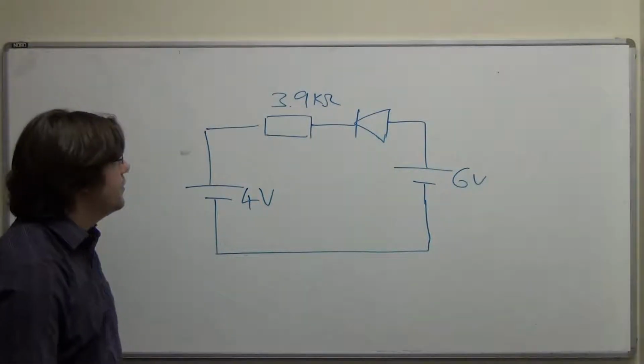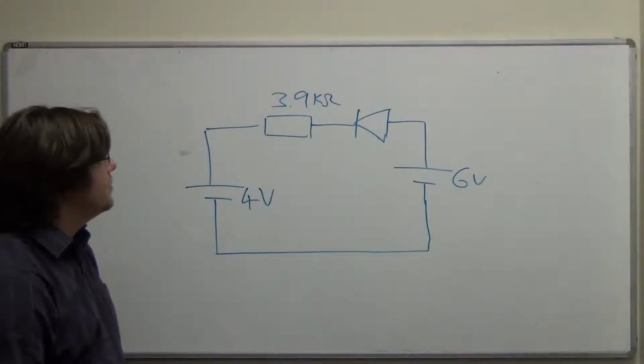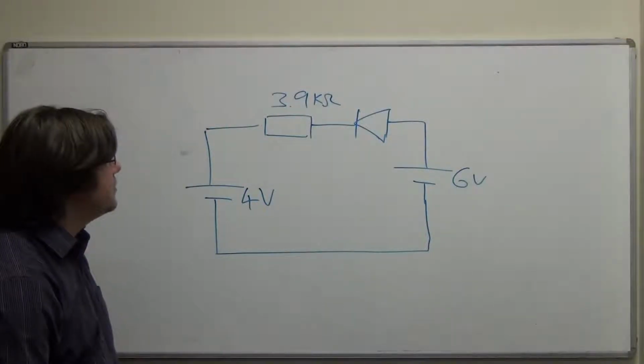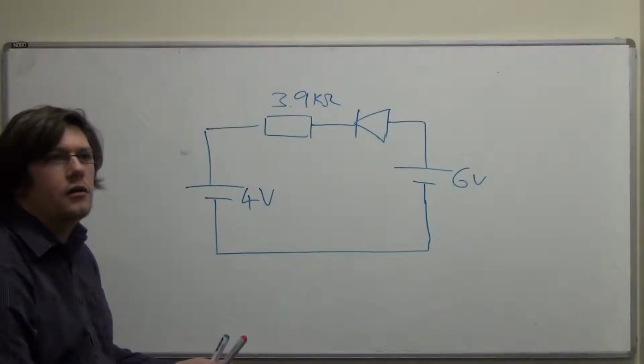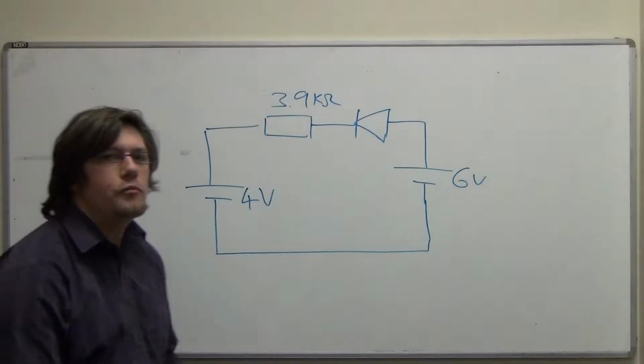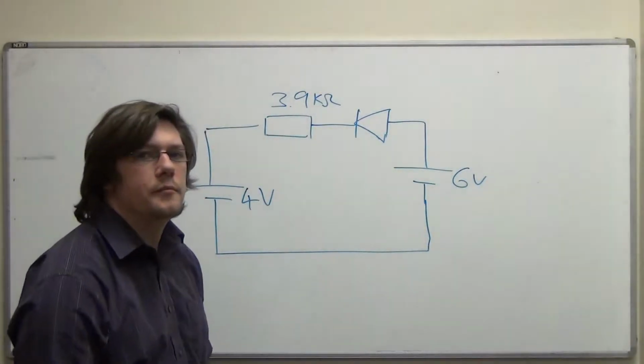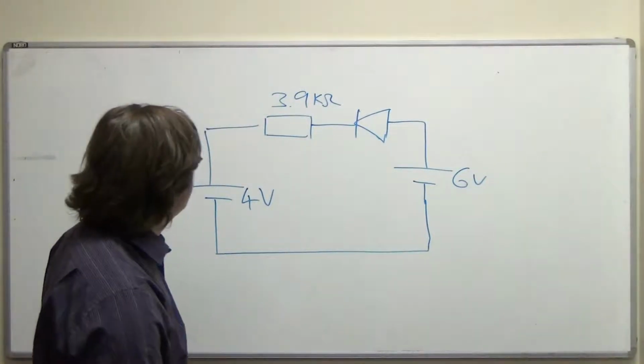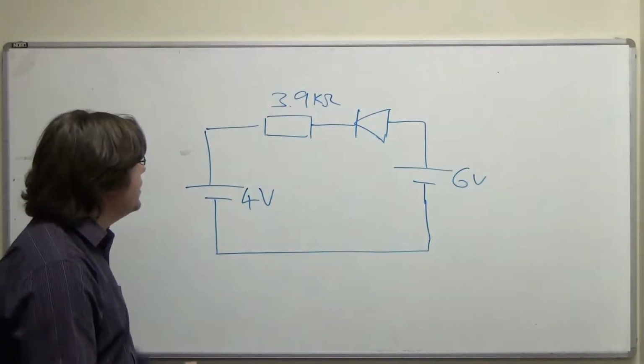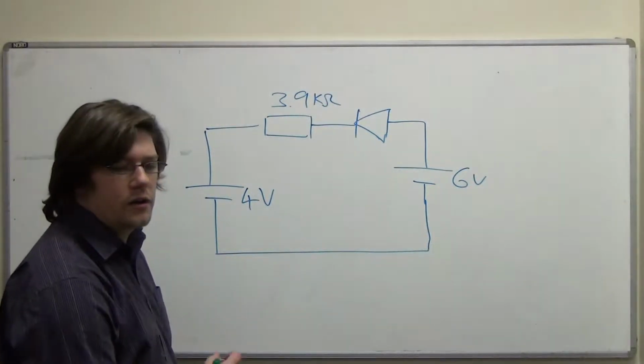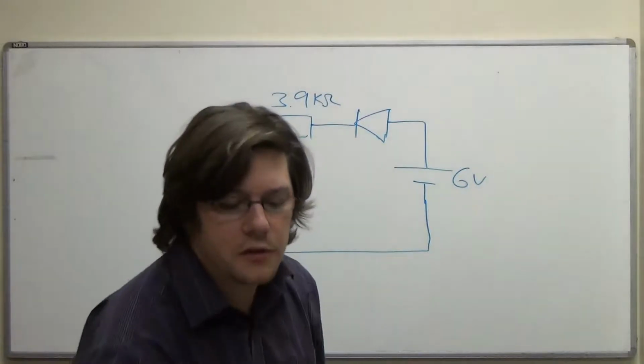And the best thing to do is to say, well, I'm going to work out what the voltages are around the diode, assuming that it's not conducting. So if the diode is not conducting, I can replace it with an open circuit.